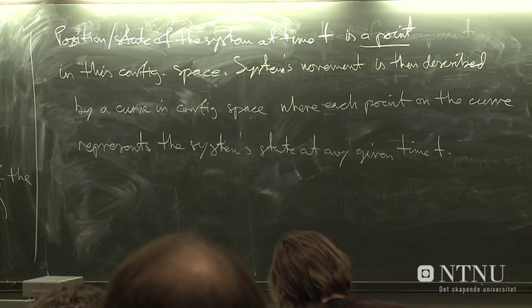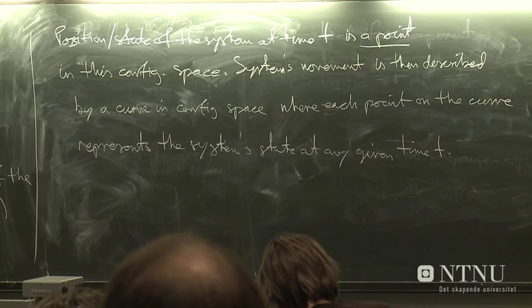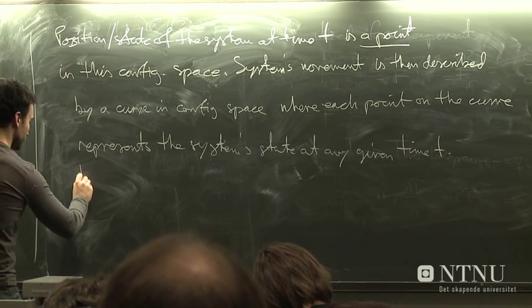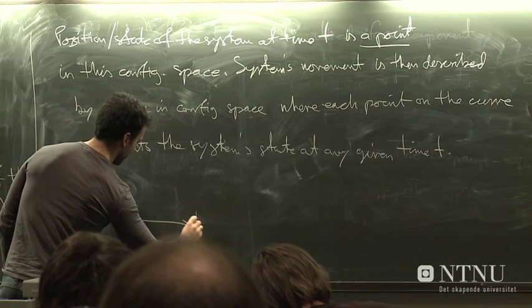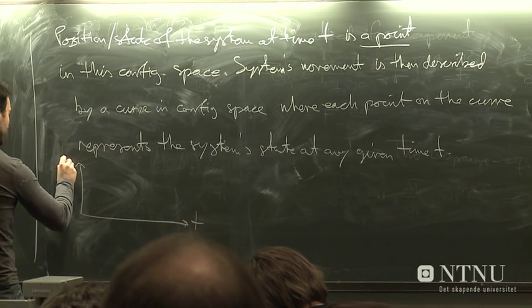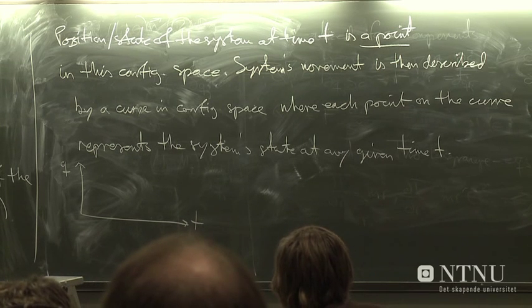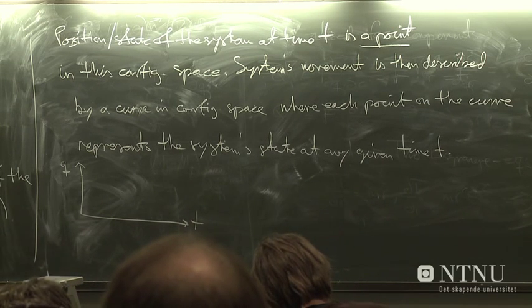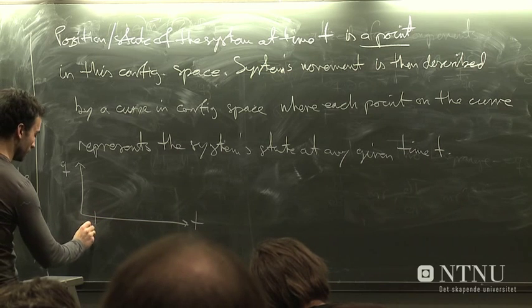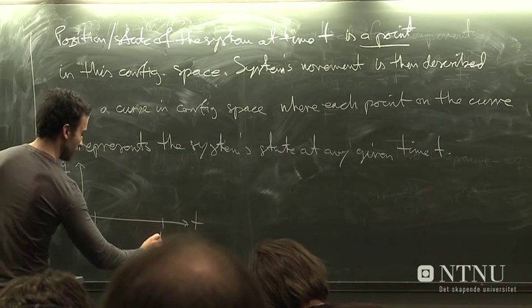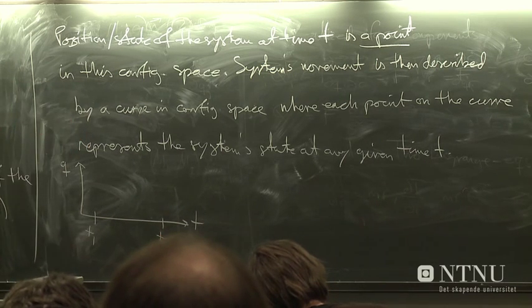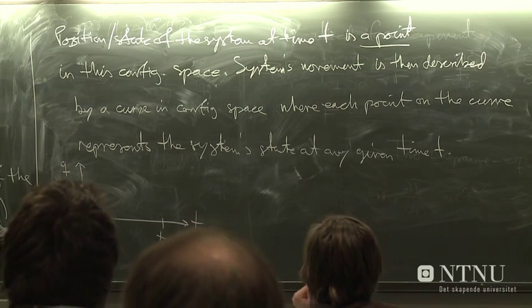So if we just consider the simplest case possible to try to visualize this, let's say we have just one generalized coordinate q, and we want to consider the movement of the system between two times, t1 and t2.